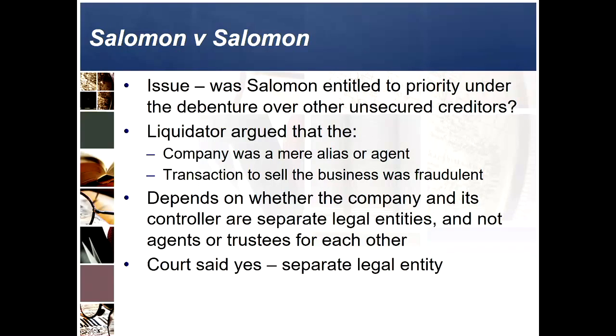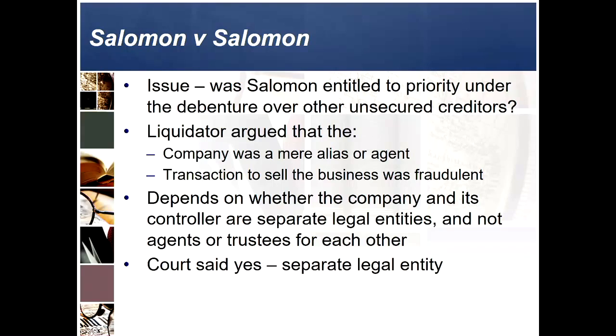It owes more money than it has in assets, which means it's unable to pay all of its debts. So the company is insolvent. Mr Salomon, we said, was a secured creditor, but he wasn't the only creditor of the company. There were other creditors. Mr Salomon, though, was the only secured creditor. The other creditors were unsecured creditors.